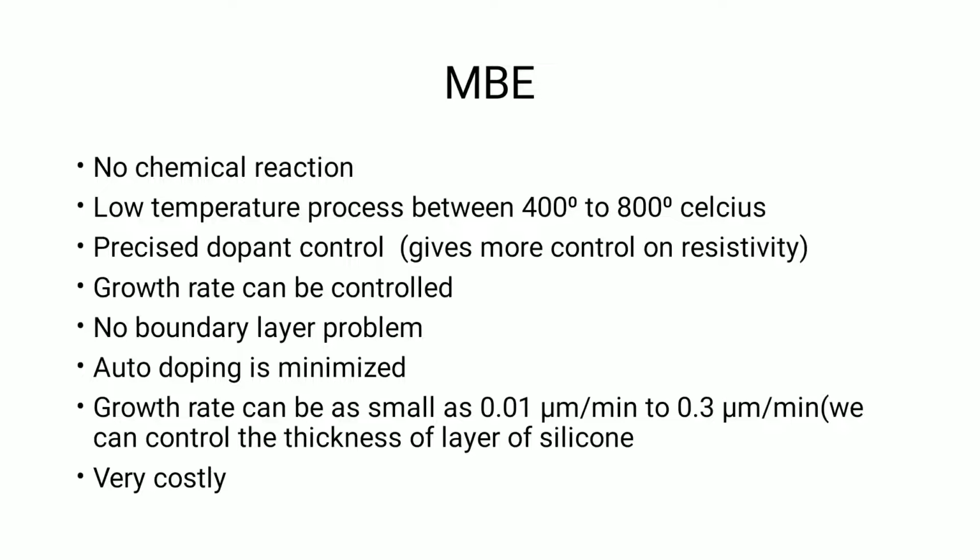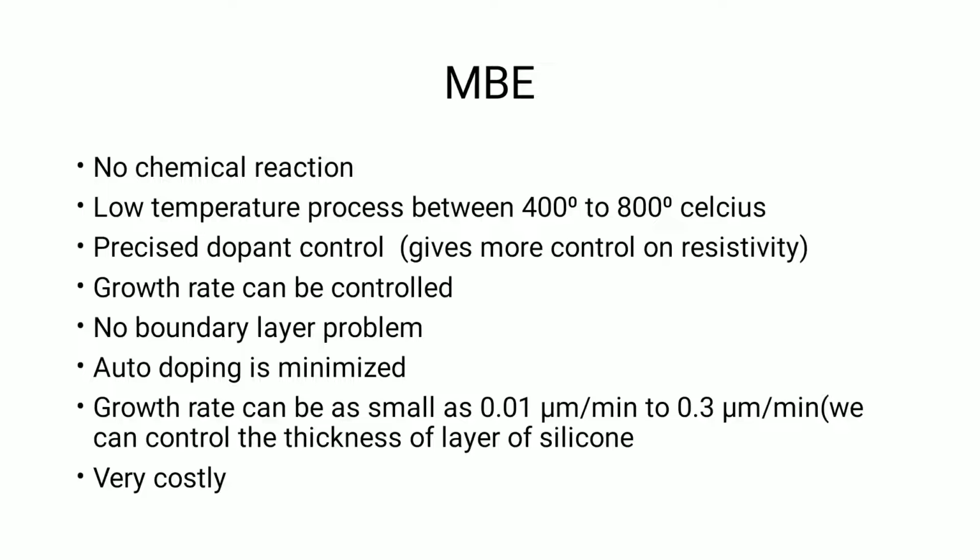There are no boundary layer problems, and autodoping is minimized as doping is directly perpendicular to temperature. Here the temperature used is ultra high vacuum temperature, so autodoping can be minimized by molecular beam epitaxy.